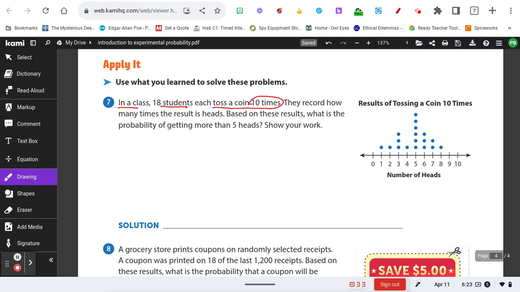They record how many times the result is heads. Based on these results, what is the probability of getting more than 5 heads? So down here, this tells you one of those students landed on heads once.